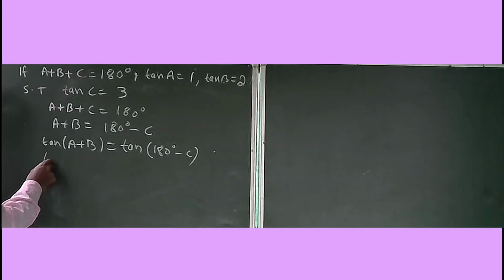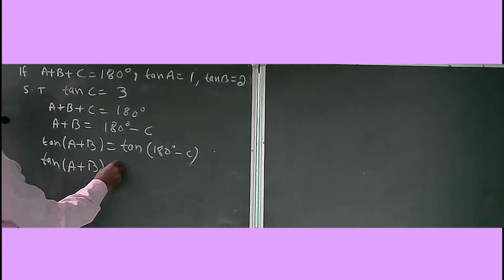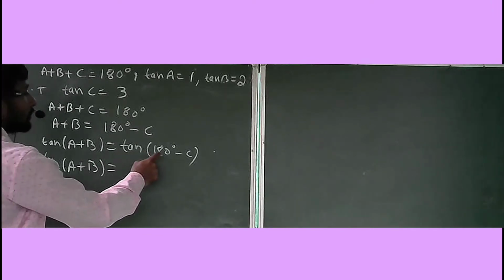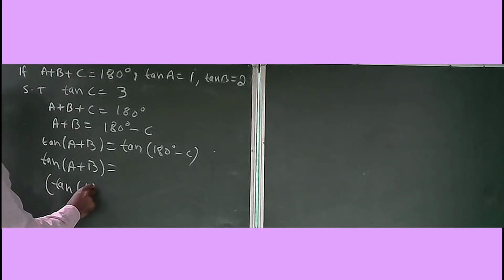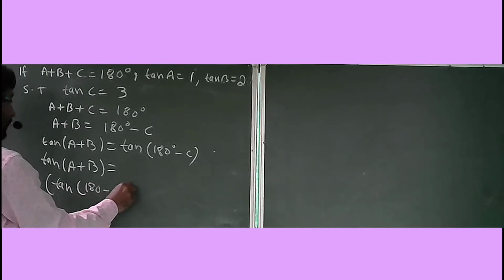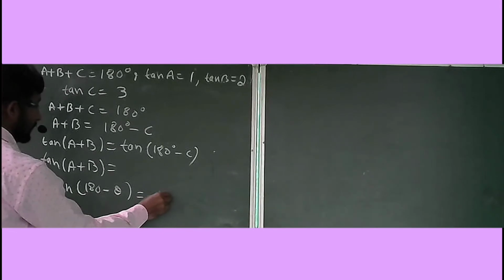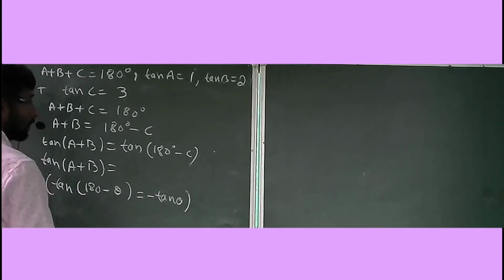Clear? Now see, tan of A plus B is equal to tan of 180 minus theta. What's the value? Tan of 180 minus theta is equal to minus tan theta, right? We studied that formula. Why?